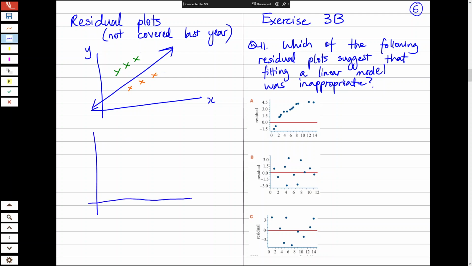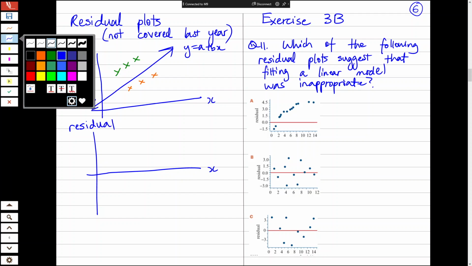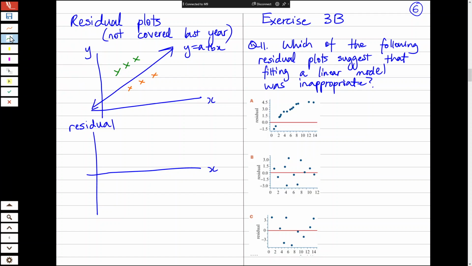Okay, so when you graph a scatter plot and fit a linear model such as this blue line here, we can get something called the residual plots. So this time I'm not graphing y, I'm graphing the residual. Let's start with the green points. These points, the actual value is larger than the predicted value, so the residual is going to be positive. So it's going to look something like this.